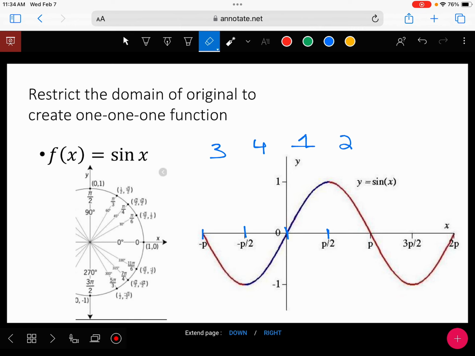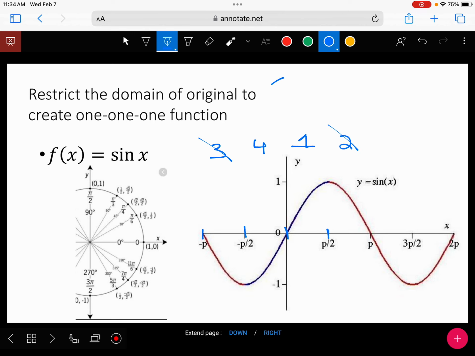From there, we're going to look at quadrant 2 or quadrant 4 to see which one allows our function to be one-to-one. Looking at quadrant 2, if we restricted this to just 1 and 2, we would fail our horizontal line test and it wouldn't work. So that's why for sine, we restrict our domain to quadrant 1 and quadrant 4.